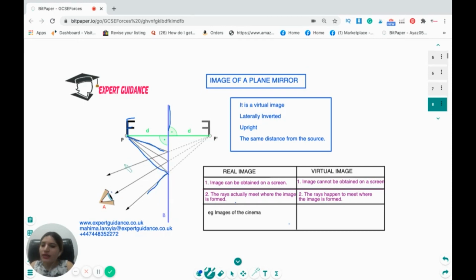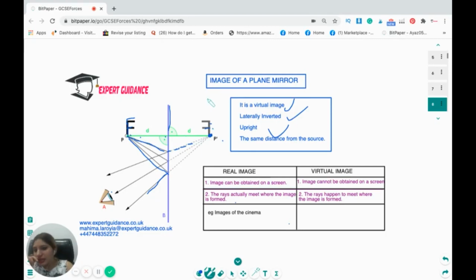Now I can only see in a straight line. So we will extrapolate these lines backwards and where they meet will be the image. So if this is F, the image will be made at F dash, which will be laterally inverted. It will be a virtual image, laterally inverted, upright, and it is the same distance from the mirror.